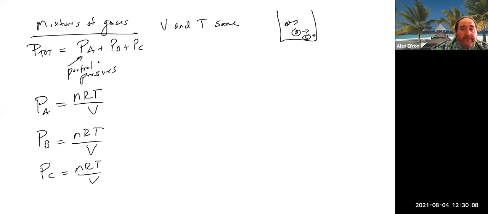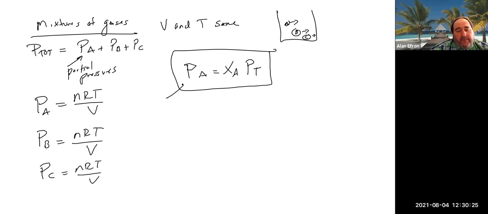If you don't have enough information to use the ideal gas law, maybe all you're given is how many moles of each gas and maybe a pressure, you could use another equation that we saw, which was this equation here. This is the partial pressure of a gas, this is our mole fraction, and that is our total pressure.